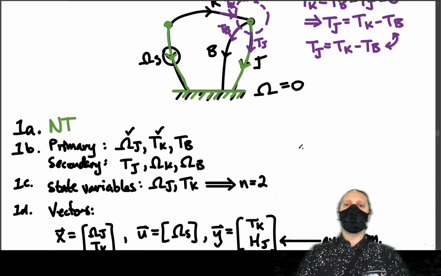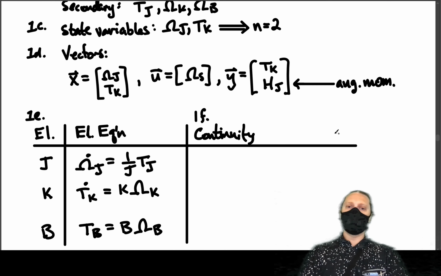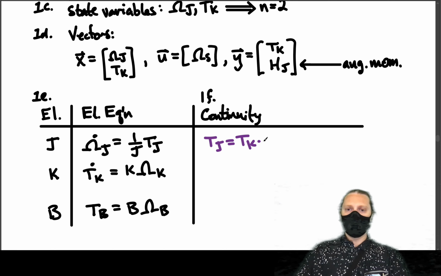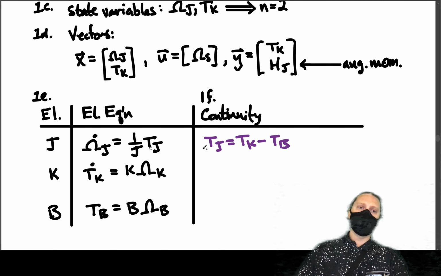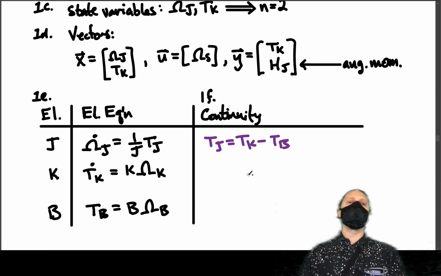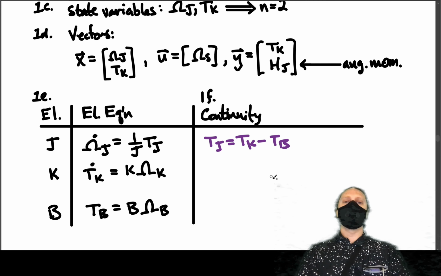Okay, so that gave us a continuity equation associated with J: Tj equals Tk minus Tb. And we place it in the row associated with J because it's the continuity equation associated with element J. Great.